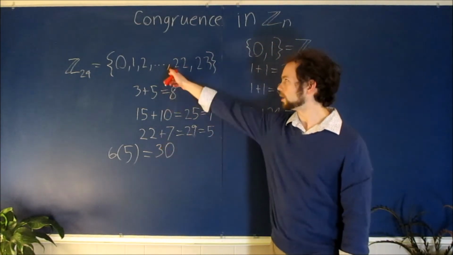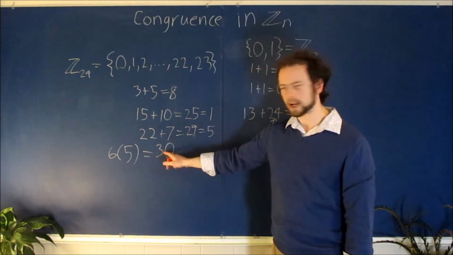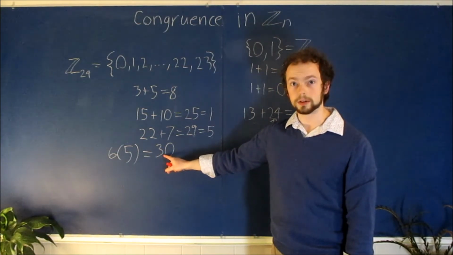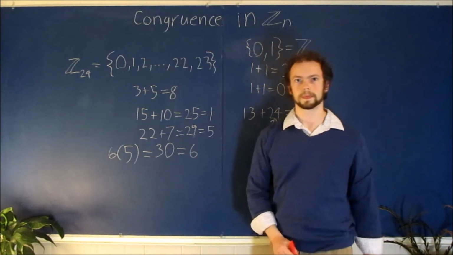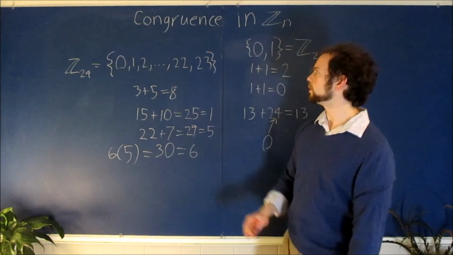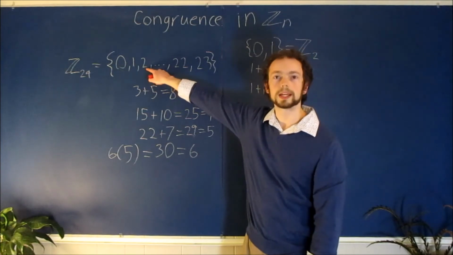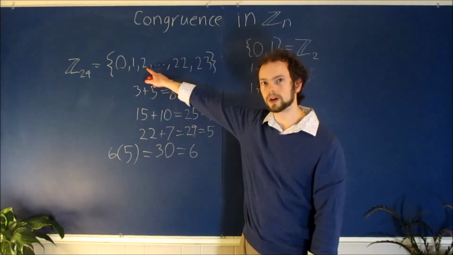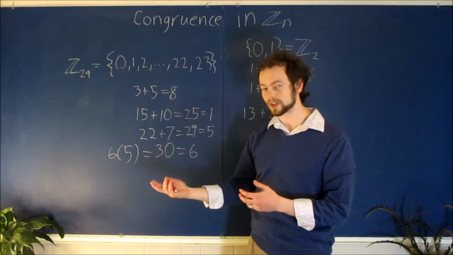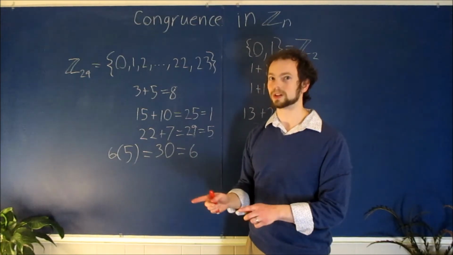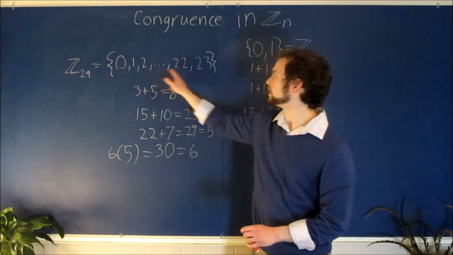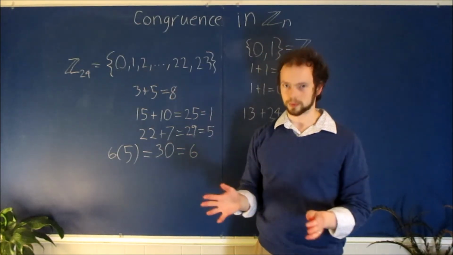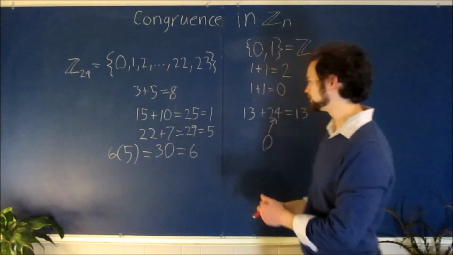But in our arithmetic here, if I divide 30 by 24, I'm going to get a remainder of 6. This is equal to 6. And note, too, if I divide something like 2 by 24, 24 goes in 0 times with a remainder of 2. So that rule works for all of the elements which are less than 24 as well.